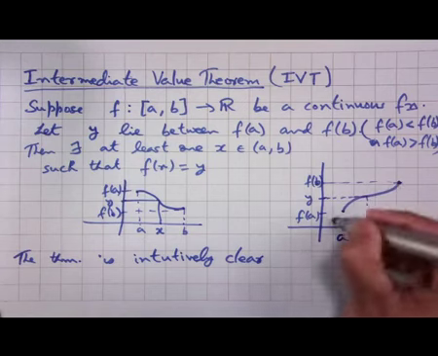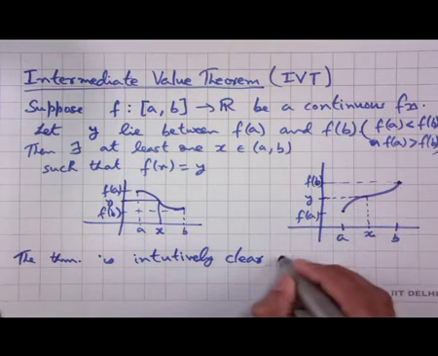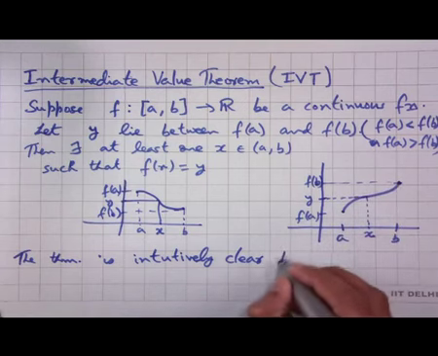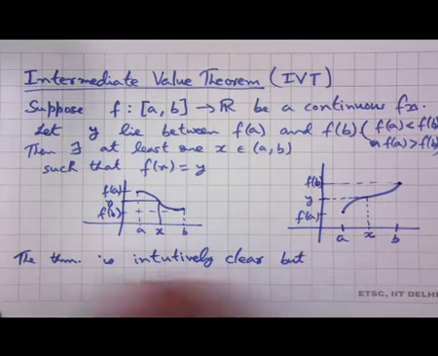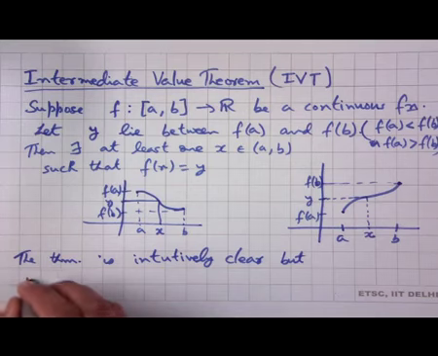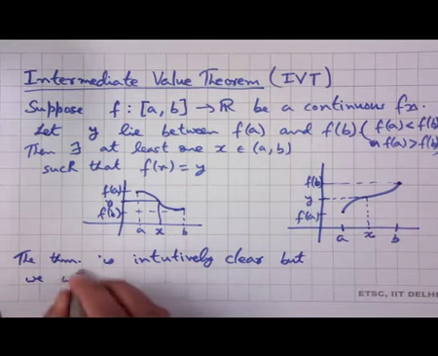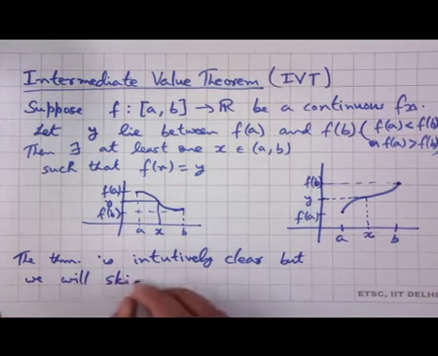This is called the intermediate value theorem. But we will skip the formal proof.